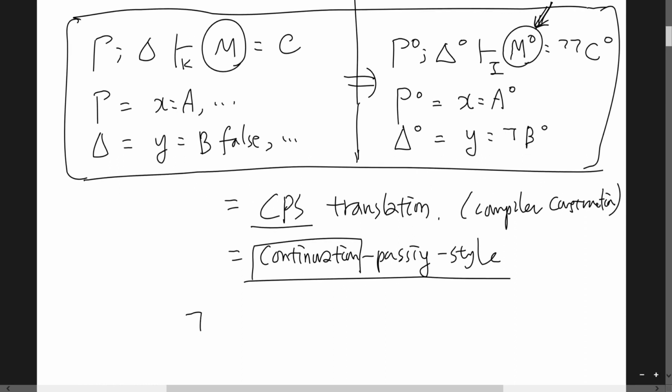So negation A circle, this is A circle implies bottom, and this is basically a continuation of type A circle.